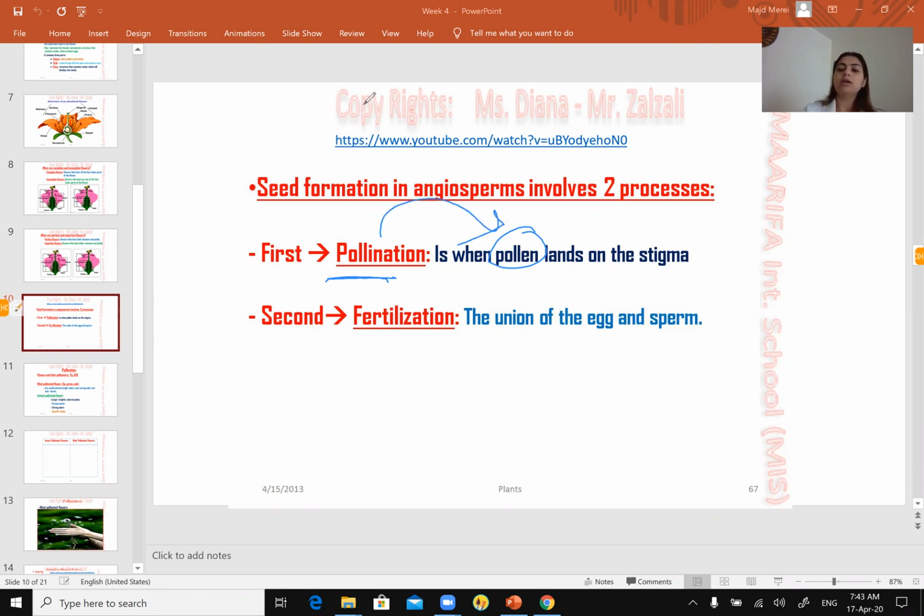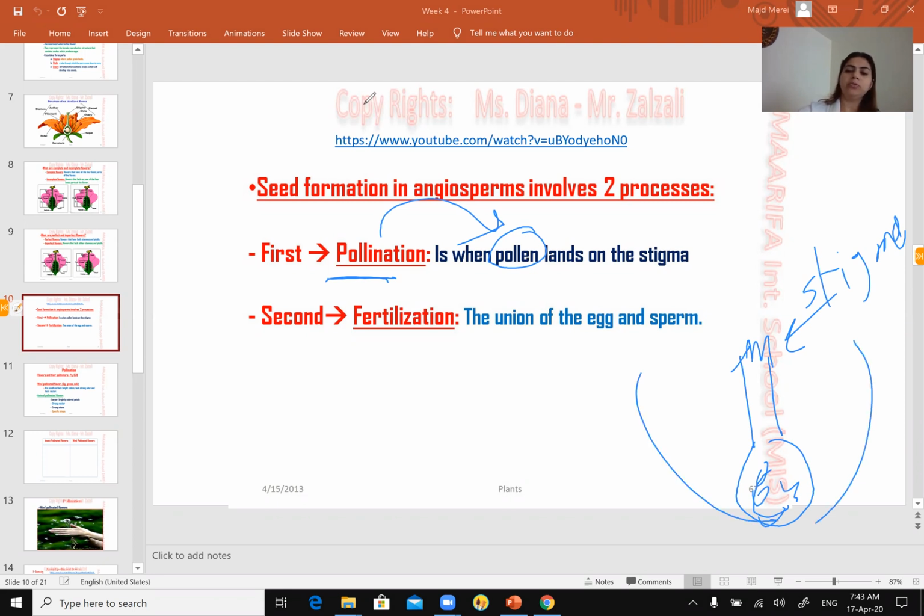Pollen. If we have here a female reproductive part, pistil, ovary, style, and here we have the stigma. The ovules are here inside the ovary. And the male reproductive part, filament and anther.